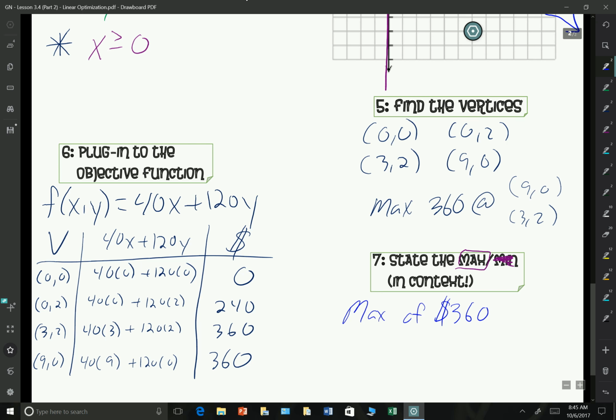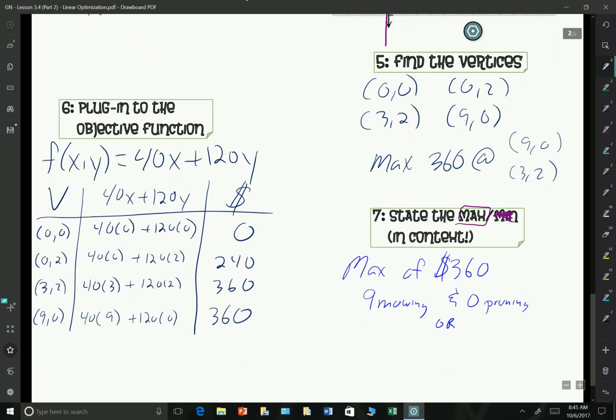What does 9 represent? 9 mowing and 0 pruning jobs. Or what could they do? 3 mowing and 2 pruning. And there we are. When you state it, you have to put it back in context.